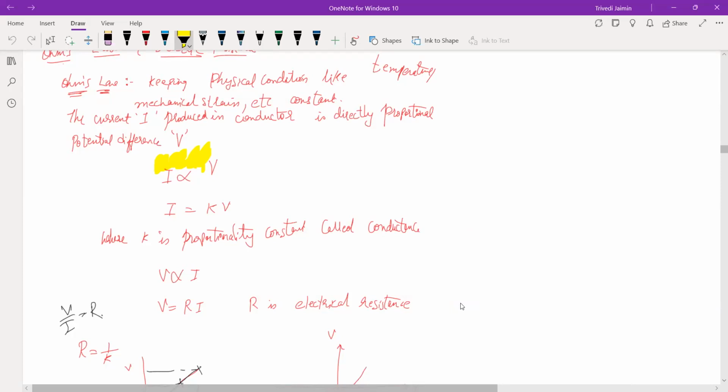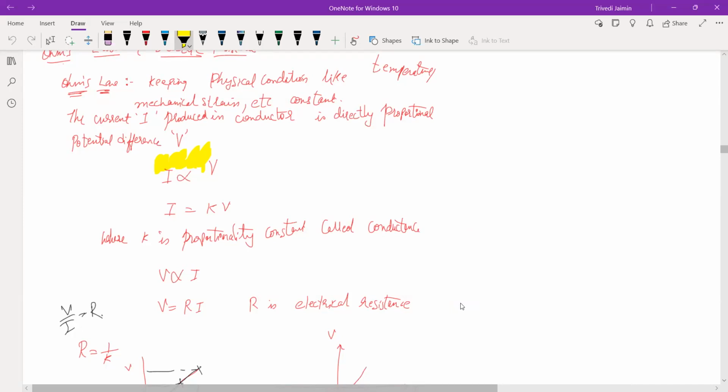We are keeping temperature constant, pressure constant, all physical conditions, at atmospheric pressure and room temperature. We are not changing them. In that condition, we are saying V is proportional to I. That means whenever V is increasing, I will also increase. Potential difference is directly proportional to current, or current is directly proportional to potential difference.